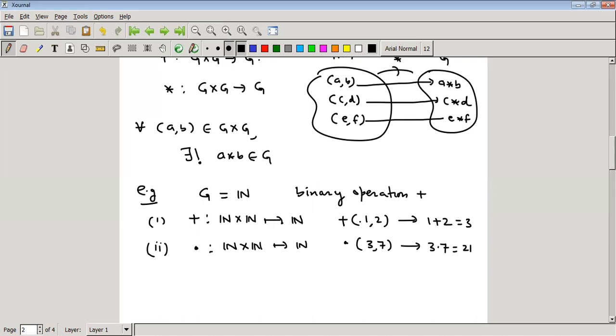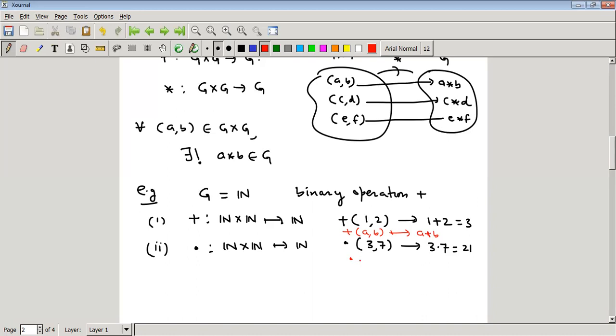So how can we write this? In general, we can take any a, b, two natural numbers, such that a plus b is also a natural number. The sum of two natural numbers is again a natural number.